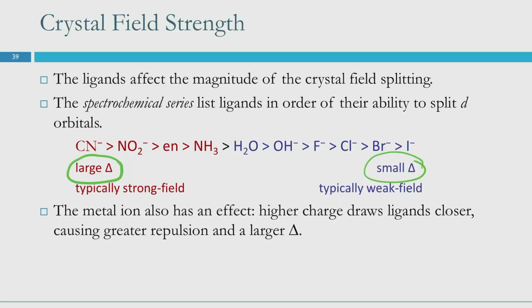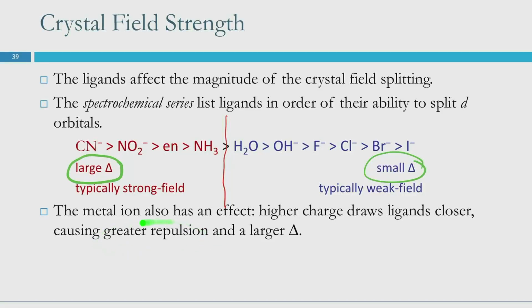And our cutoff between typically strong field versus typically weak field is between our amine and our aqua groups. The metal ion also has an effect. If we've got higher charge, that's going to draw our ligands closer. Remember, they're donating electrons. So if we've got a big positive charge, it's going to pull those negative charges in more.